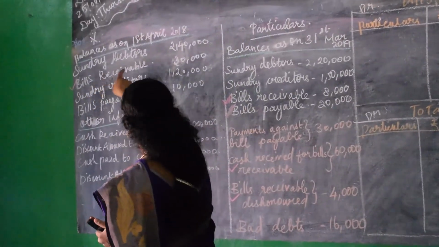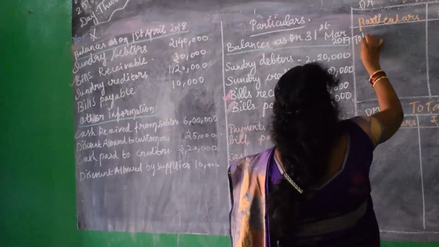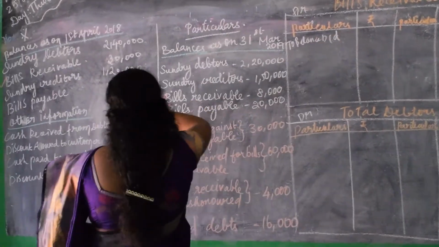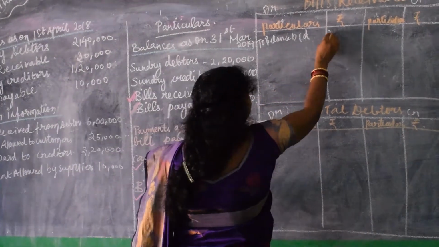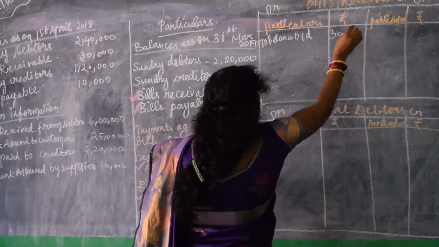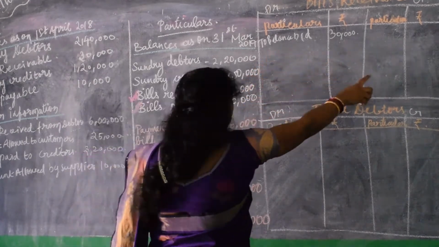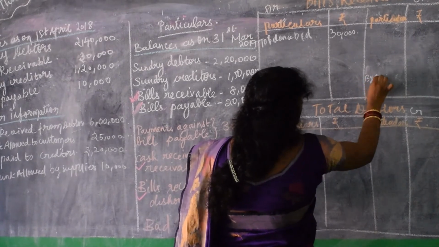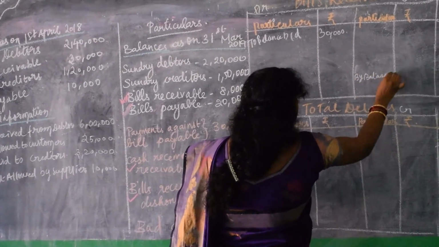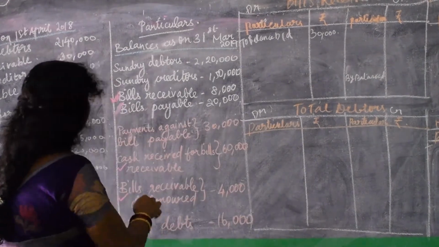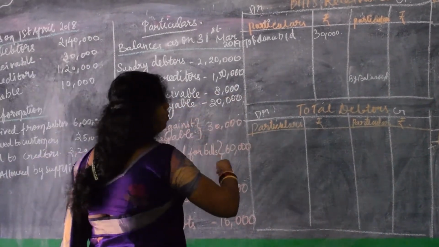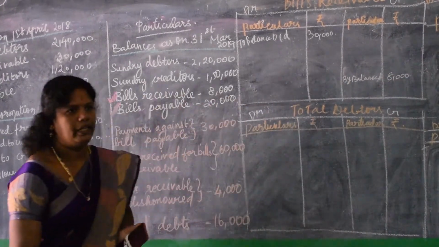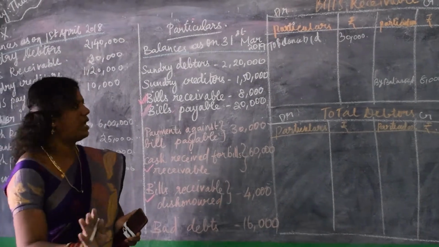So, bills receivable to balance B by D, opening balance is 30,000. Simultaneously you write the closing balance, by balance C by D, bills receivable 8,000. I've told you, in the closing balances only you have to write all the transactions.